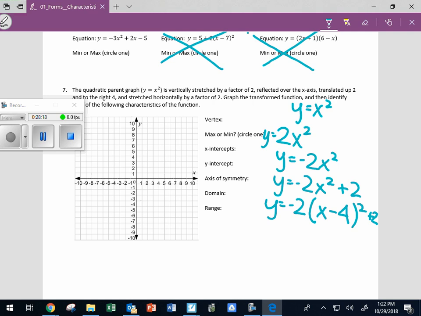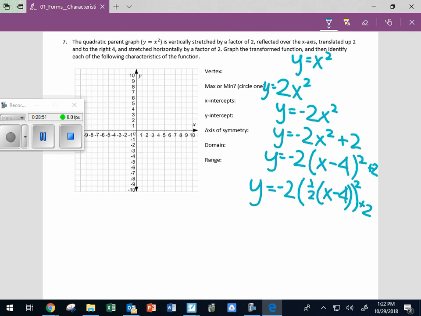Inside the parentheses. So we're going to have our negative 2, and then in these parentheses, we're going to put the 1/2. And then we're going to have more parentheses, so we have our x minus 4, and then all of that is squared, plus 2. That's a lot of transformations. But we have gotten our equation together. That was half the battle.